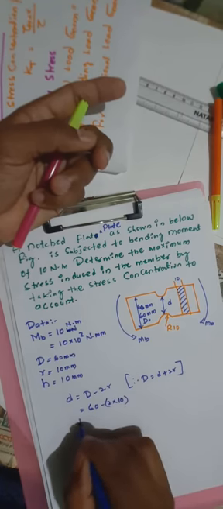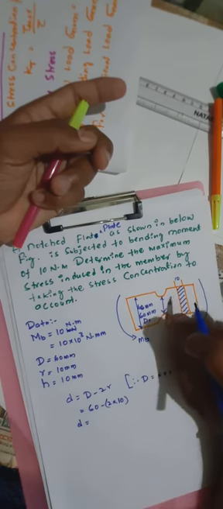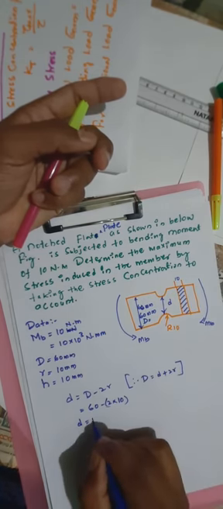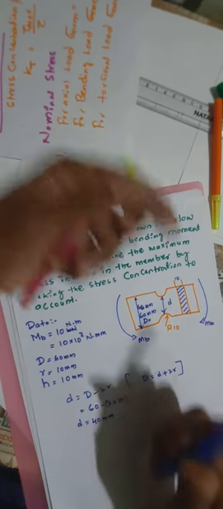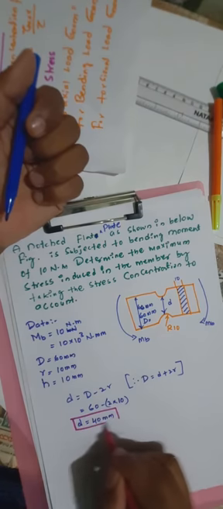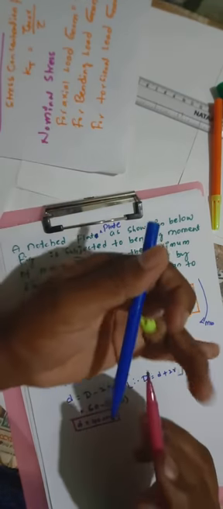If you simplify this, the diameter small d is equal to 40 mm.